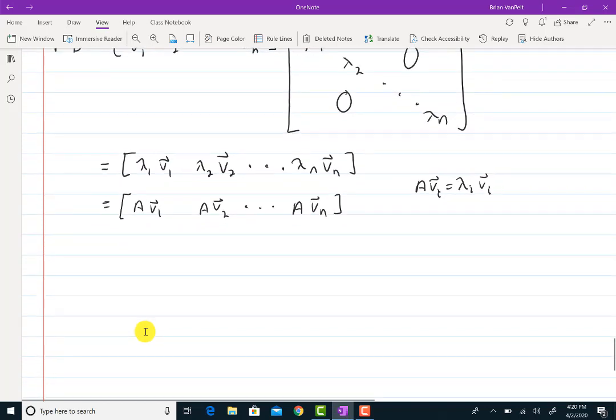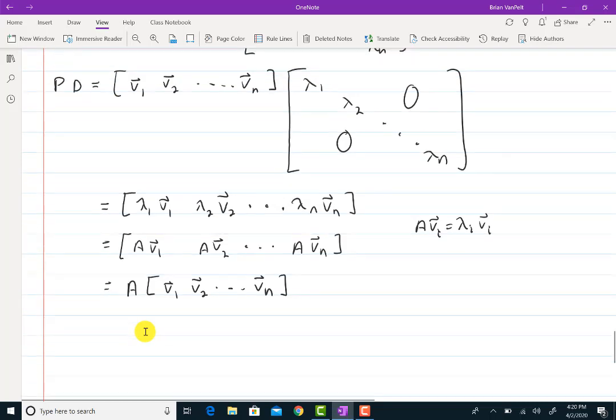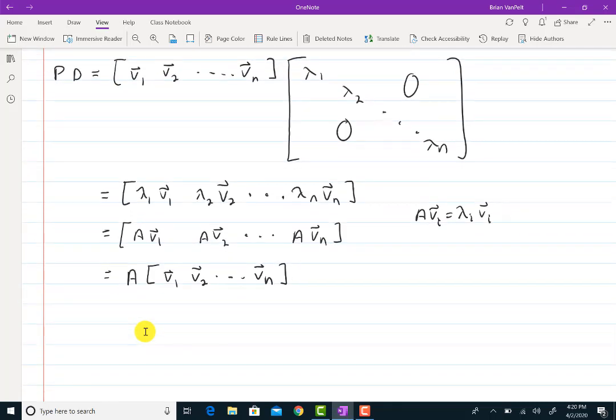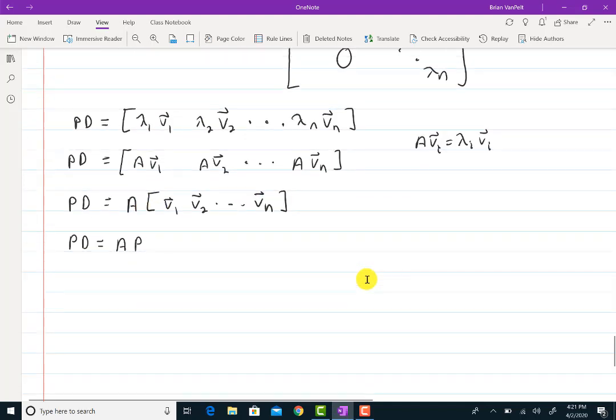So then I can break this up into A times V1, V2, Vn. This stuff over here, this is PD. So let me copy it down a few places. PD equals A, I'll replace this thing with P. And then I can multiply both sides by P inverse.